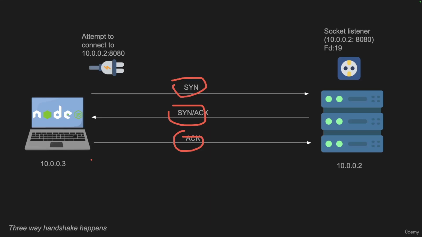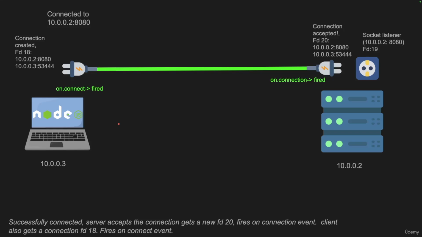Again, check out my TCP course. I don't have a TCP course, I have a network course. And once that ACK is received, then the connection is considered completely created. And what did we get? At the client side, we get a brand new file descriptor because the connection is created, and we fire an event.